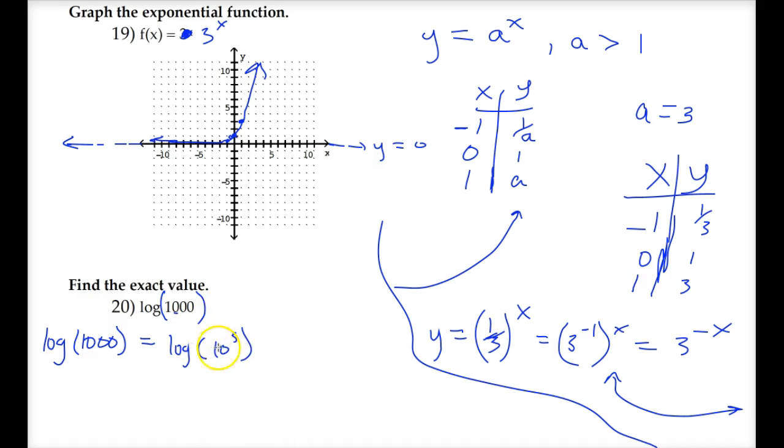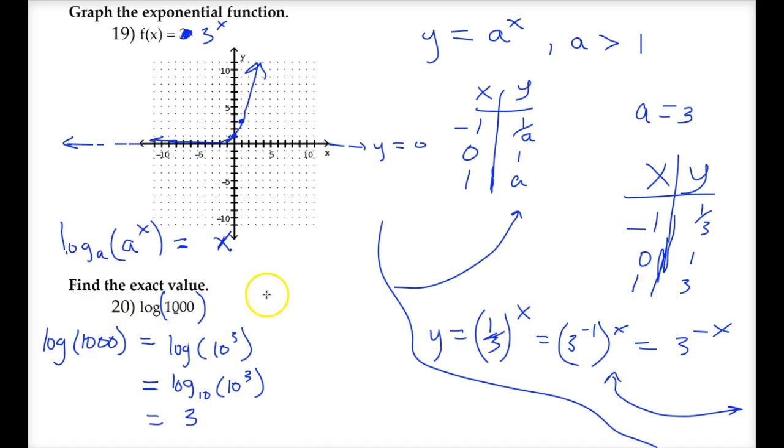And in knowing this, if I rewrote it like that, then one of the things that you learned in watching the logarithm videos is that anytime we have log base a of a raised to the x, our logarithm properties tell us that that is just equal to x. So here, log base 10 of 10 raised to the 3 is just going to equal 3. So that's one way we can do this problem.